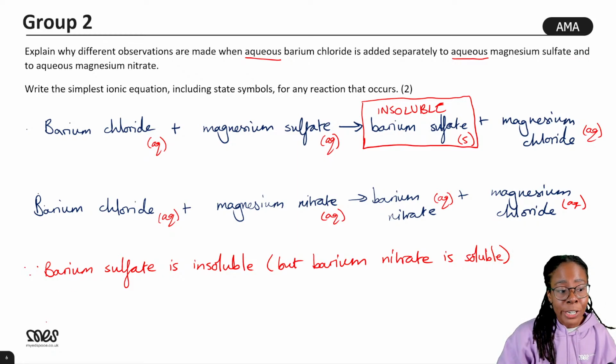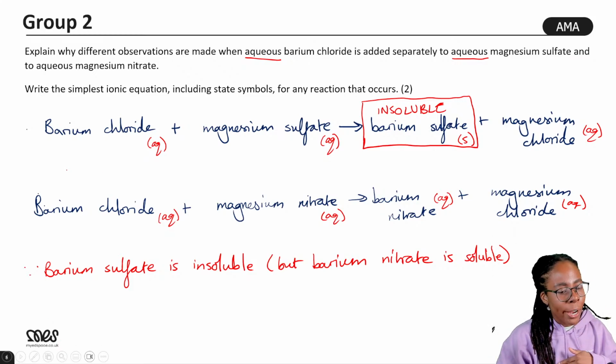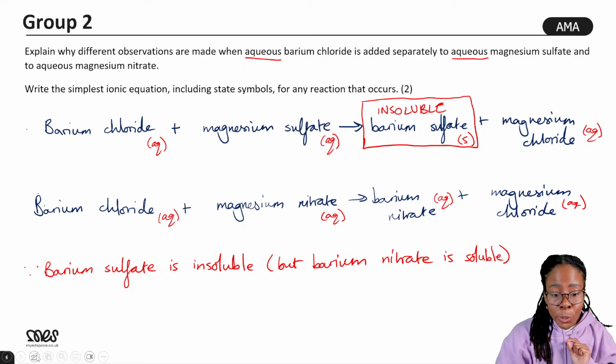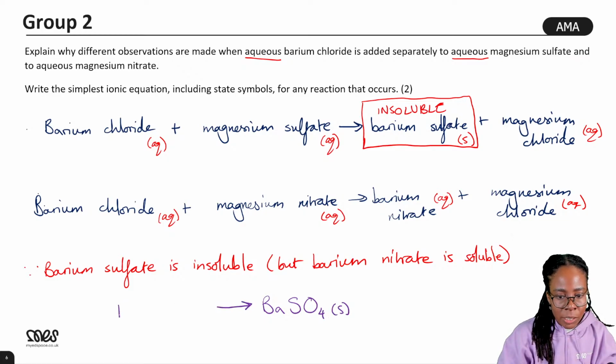So for our ionic equation for forming barium sulfate, we could write out all the ions and then cancel out anything that's aqueous, but because we already know that we are producing barium sulfate solid as our precipitate, we know what we must have started with, which is barium 2 plus and sulfate ions.